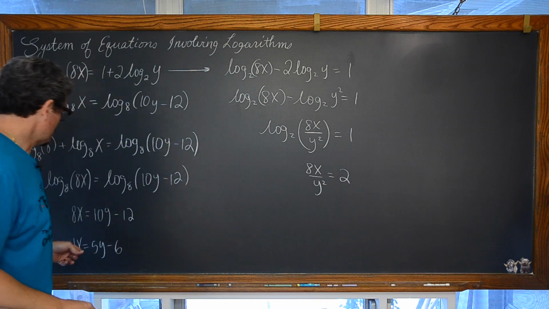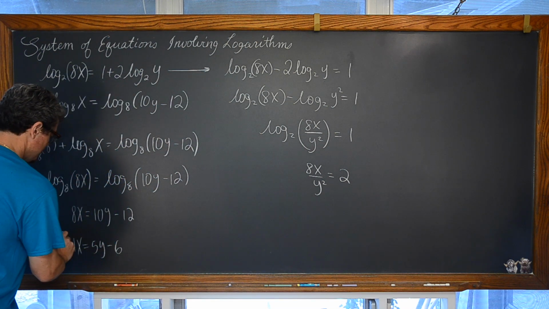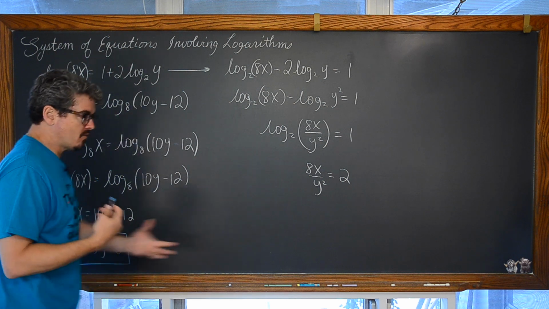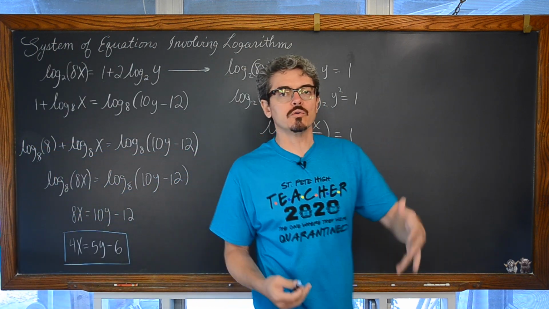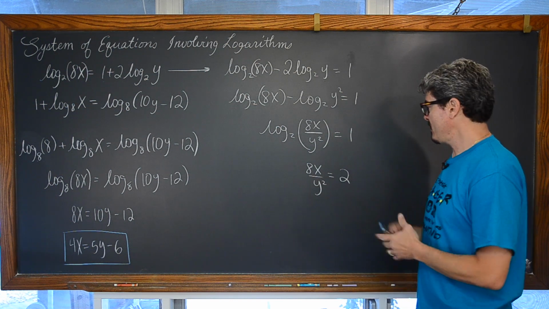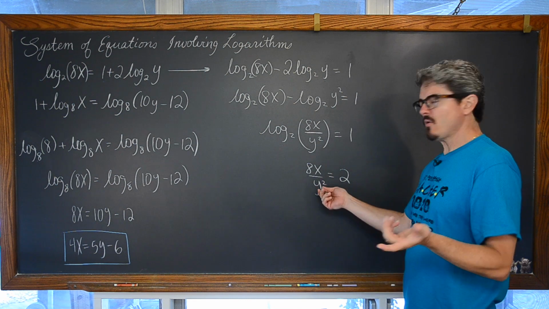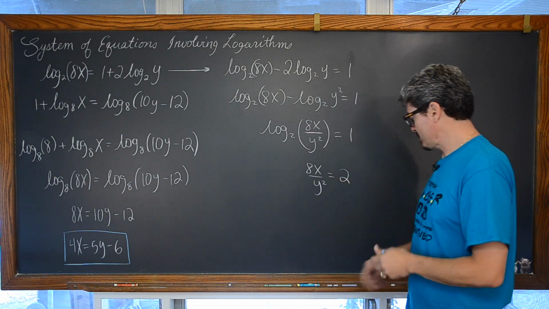Okay, so now what we need to do is take these two equations, which we've moved out of the realm of logarithms, and just look at algebra. Now, I'm going to go ahead and bring this y squared over to the other side.